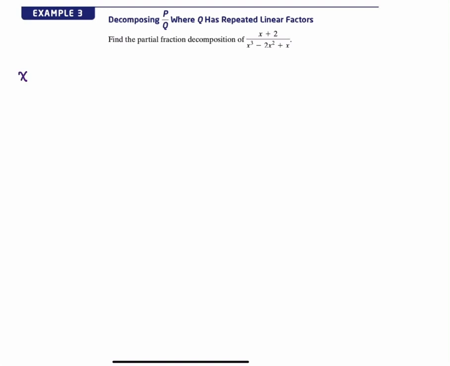So this time we have x plus 2 over x cubed minus 2x squared plus x. So we don't see any factors yet, so we need to do some factoring in the denominator in order to see what we have. It looks like first we can factor an x out of every term. So we'll be left with x squared minus 2x to the first power plus 1.